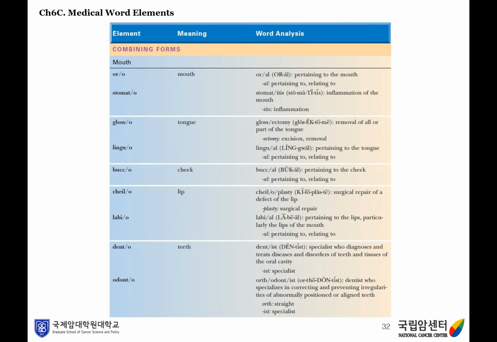Gloss, lingu, this means tongue. So glossectomy means the removal of all or part of the tongue. Bucc means cheek. Cheil, labi, these mean lip. So cheiloplasty means surgical repair of a defect of the lip.